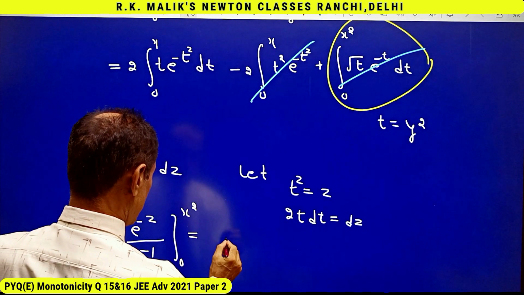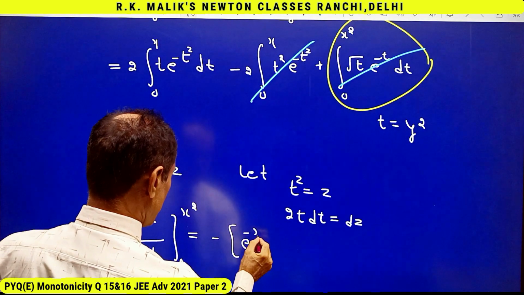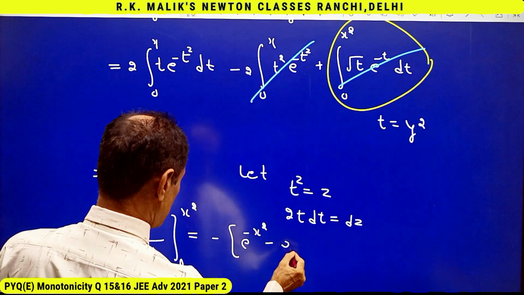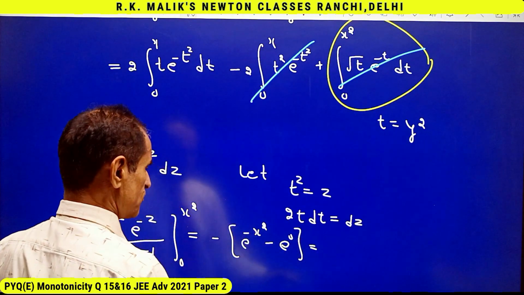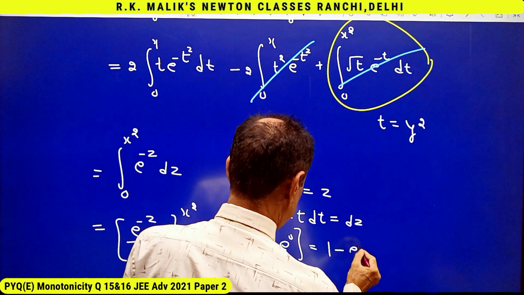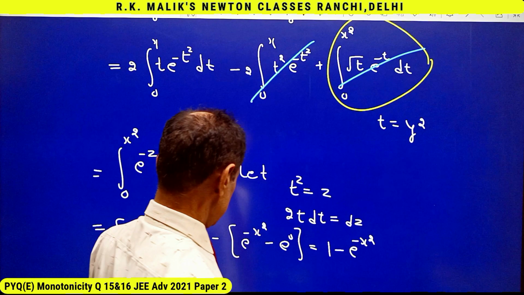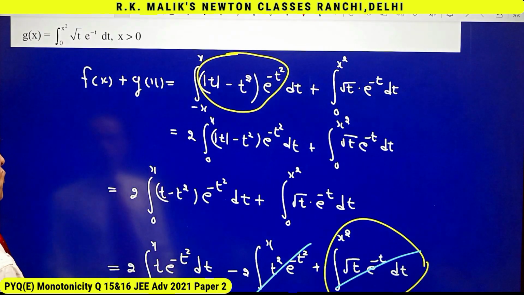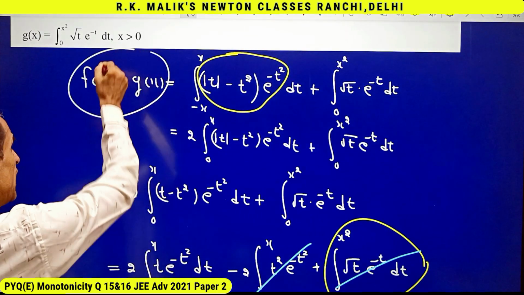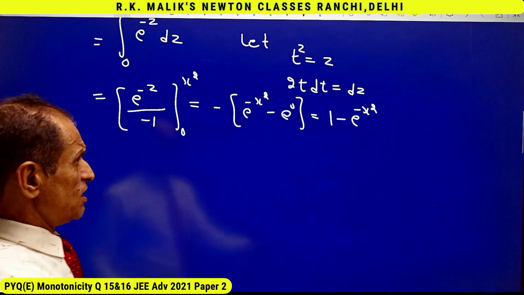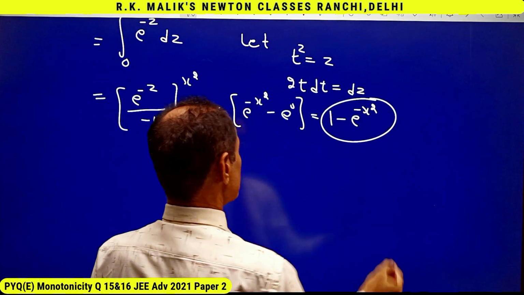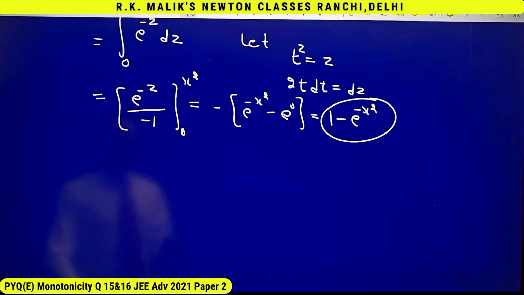That is, I get -e^(-x²) - e^0, that is 1 - e^(-x²). That is, I have got the value of f(x) + g(x) as 1 - e^(-x²).